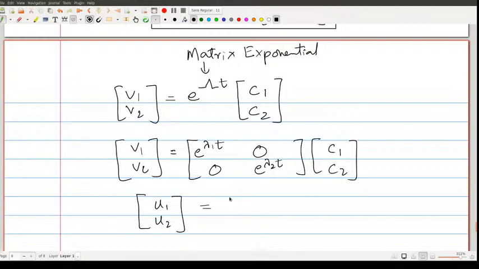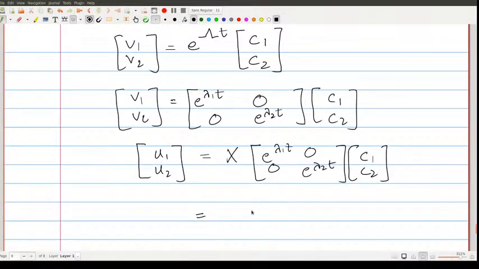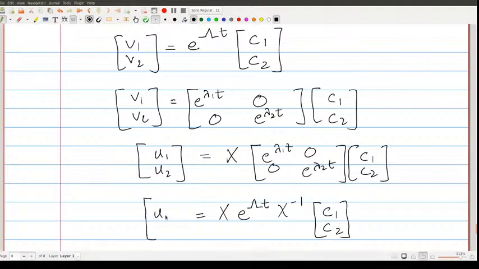So this becomes x times the matrix e to the lambda1 t, 0, 0, e to the lambda2 t, times c1, c2. Now I can write this as x e to the lambda t x inverse, and then this c1, c2. How do I get this c1, c2? This is just the original initial values. Let's just write them as c1, c2. So that's my solution to this problem.